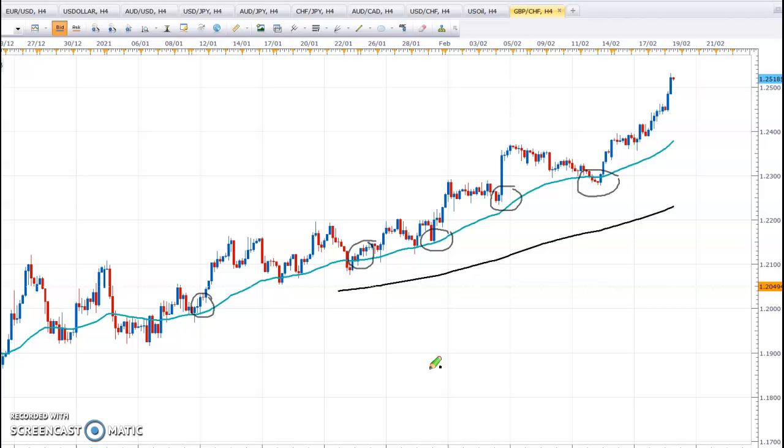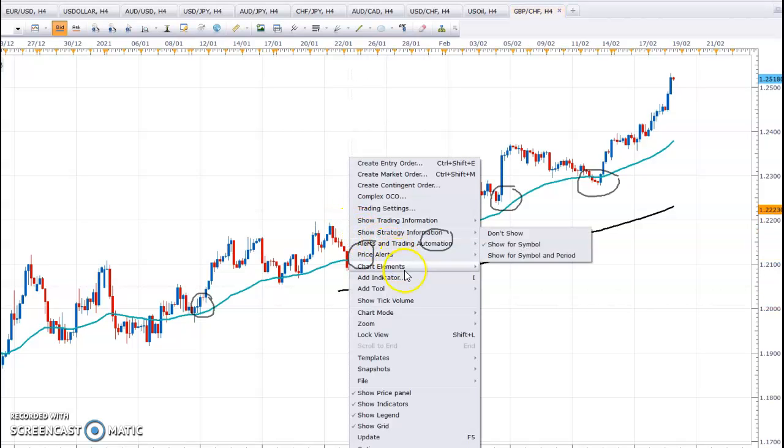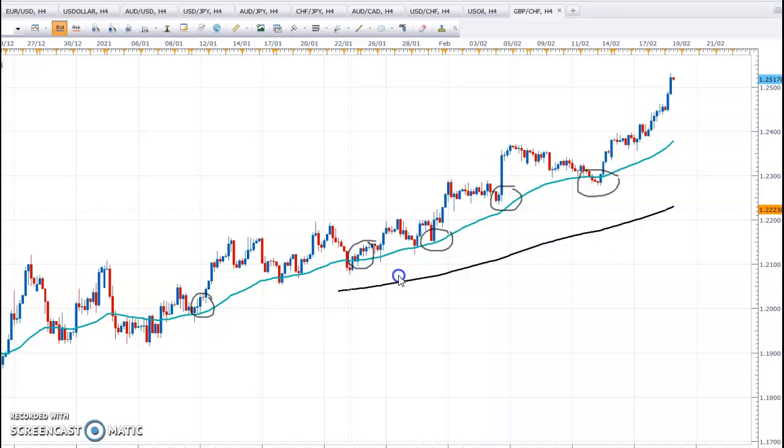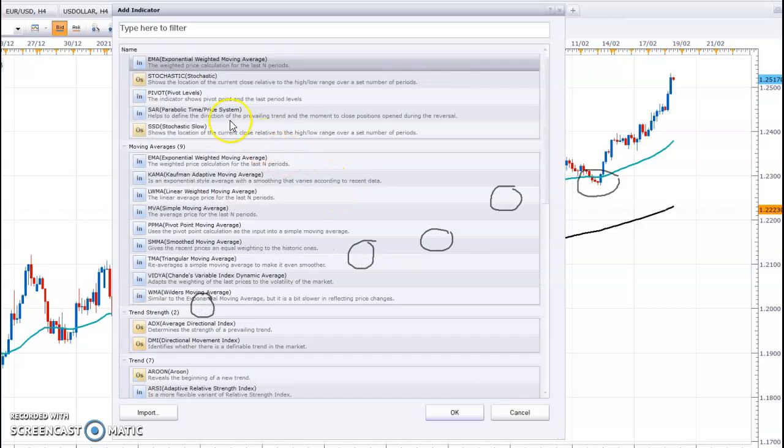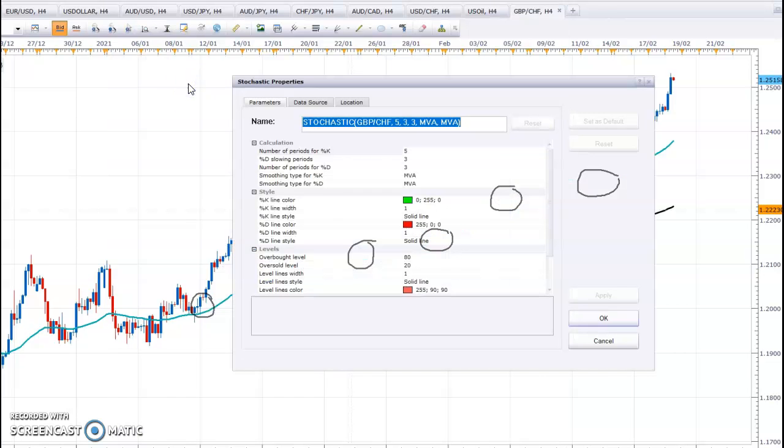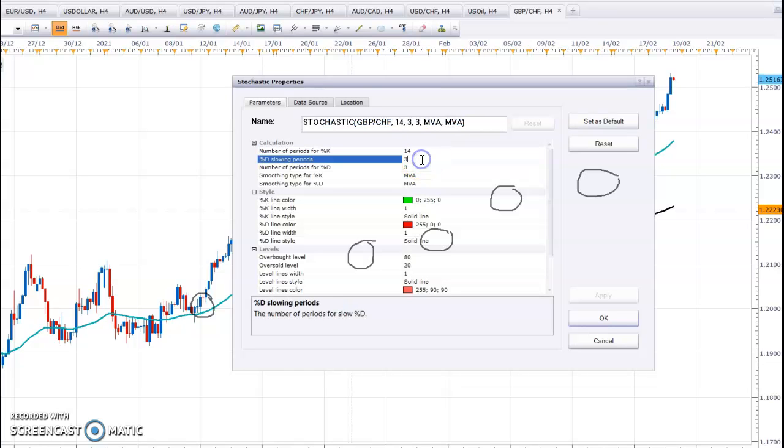Let's add another key element to the trend. Now this is a stochastic. We use a slow stochastic, 14, 7 and 3. I quite like the lines to be bold.